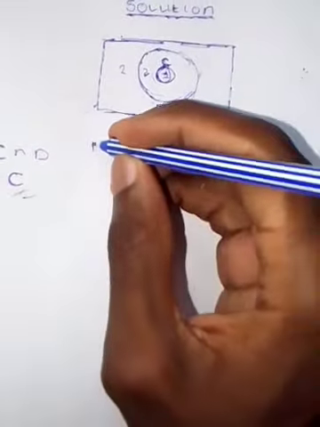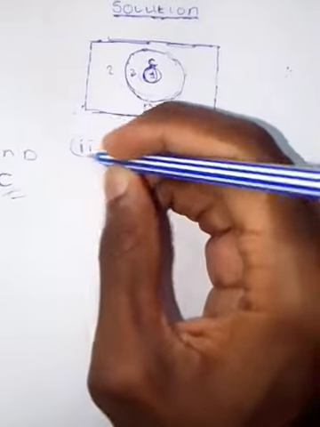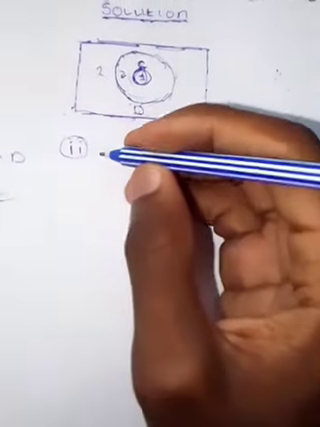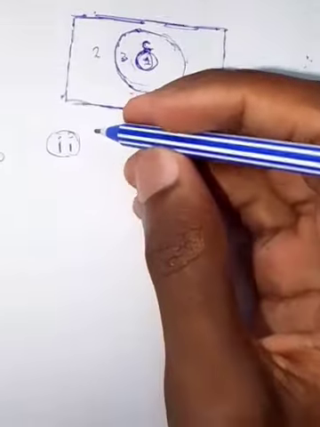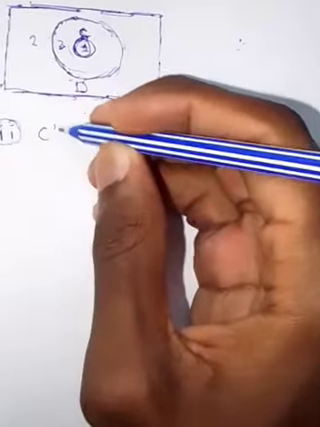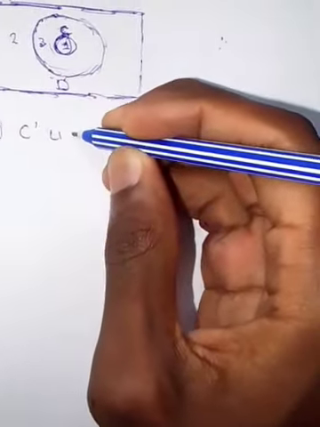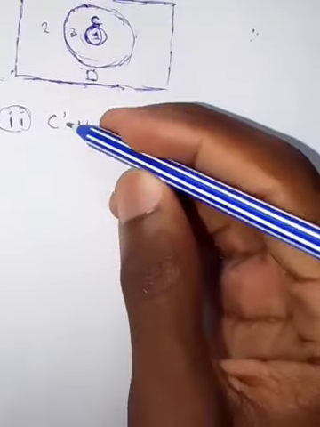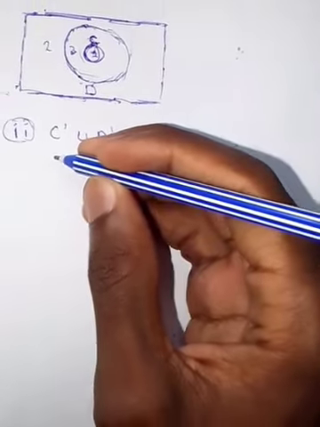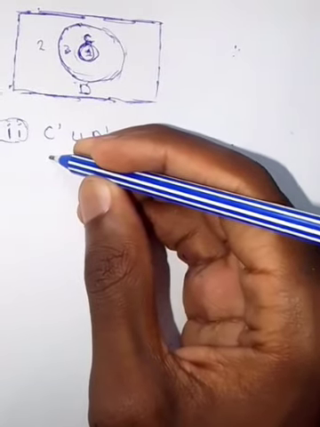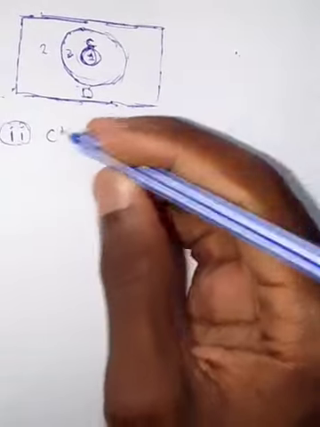On the next question, question 2, we have been given C complement union D. So when you're given something that is in this format, you should try to simplify it by reversing that De Morgan's concept.